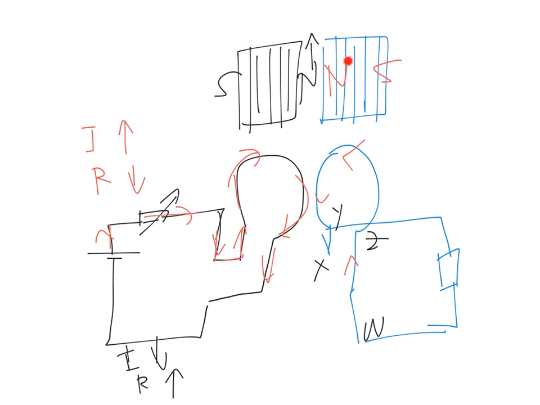So this side must be north or south? So this will switch to south and this will switch to north. Then use your right hand grip rule for this solenoid: your thumb points to the right. So the current will now flow from X to Y to Z to W. That's how we use Lenz's law.